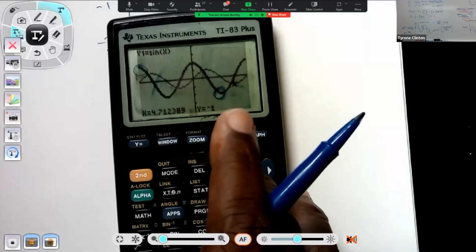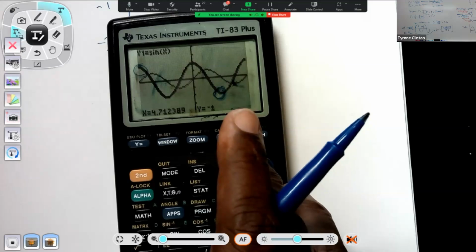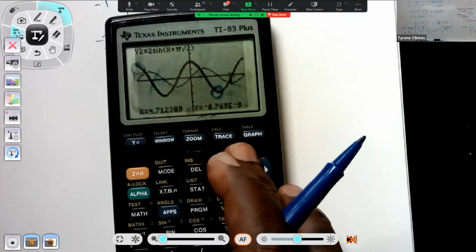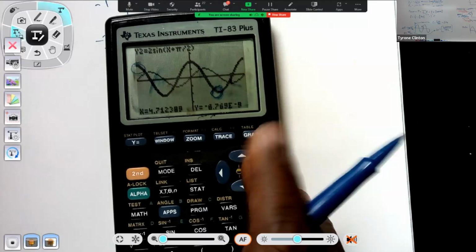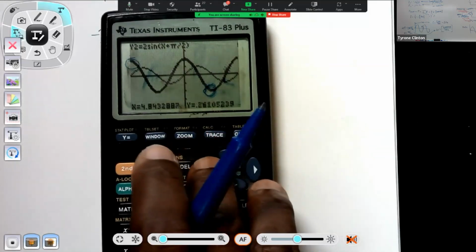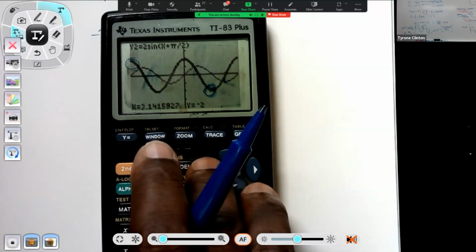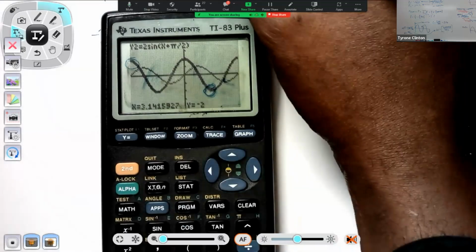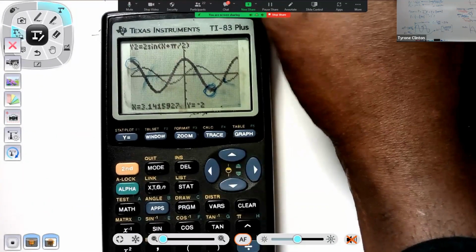I have to jump off of this one. I think we just hit the up arrow. Yep, we hit the up arrow. I'm on the other graph. Now I move down here, and that one is at 3.14.